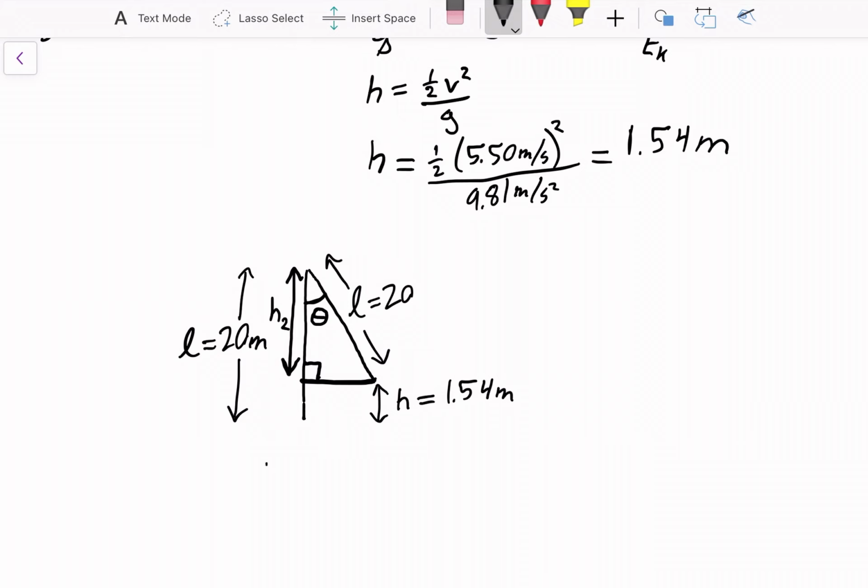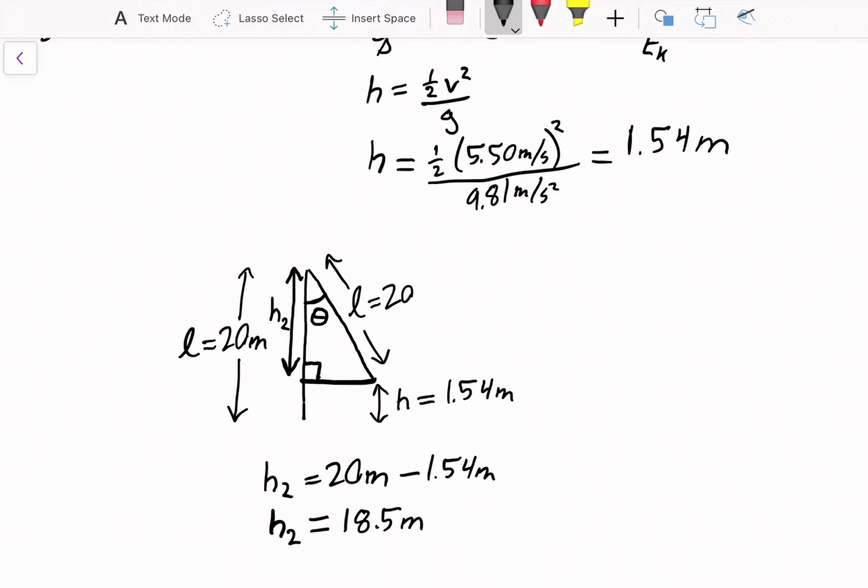So H2 is going to be equal to 20 meters minus 1.54 meters, which we'll say is 18.5 meters. Don't worry, I kept all my decimals when I did my calculation in my calculator.